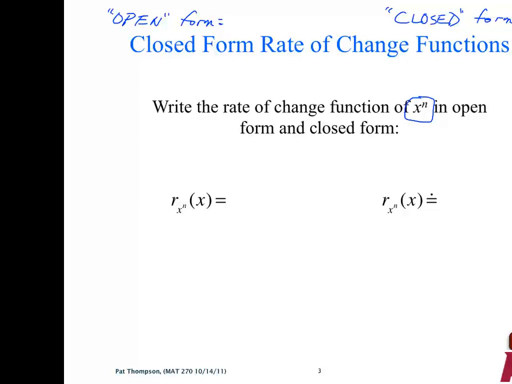Okay. So aside from x to the n, just in general, what do we mean by an open form function? Aaron. So the process of what it's supposed to mean?